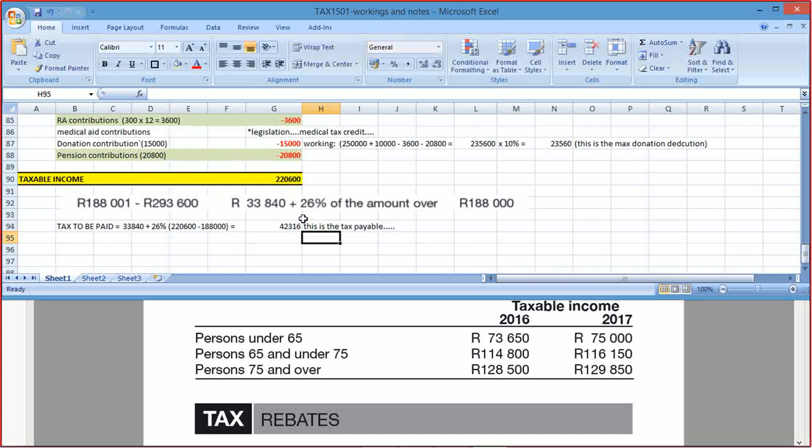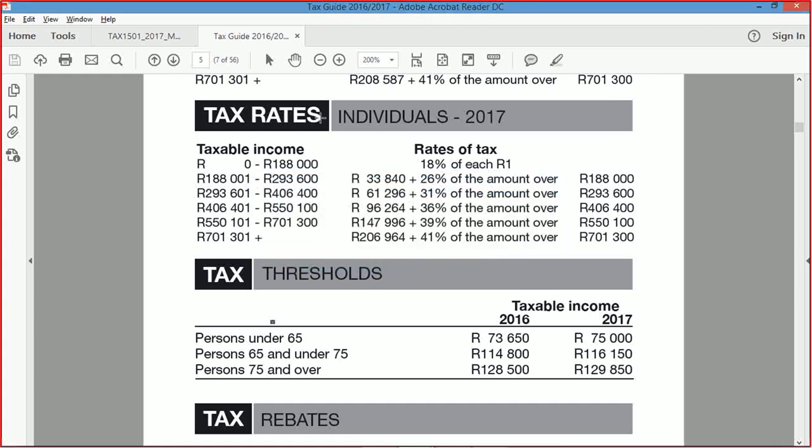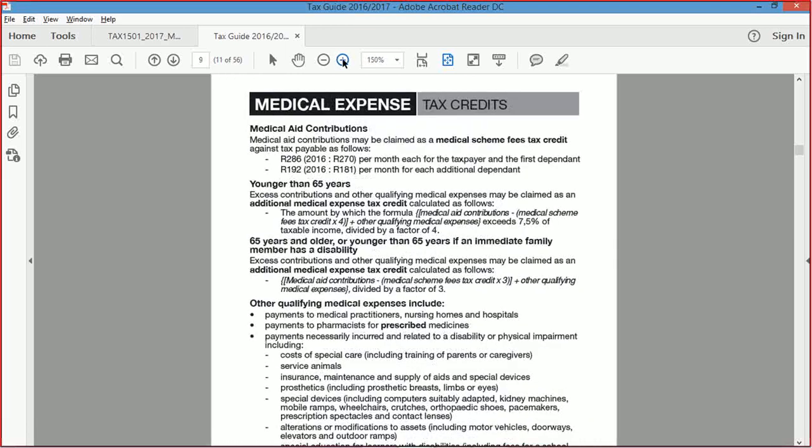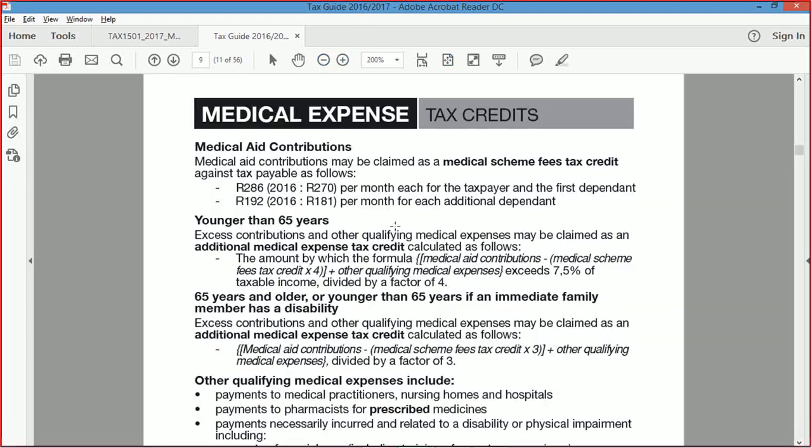Right, but because she contributes to a medical aid, there's a tax credit. Okay, so in the book here, let's go back to the medical stuff. There's the medical stuff. Okay, so what can she claim? Well, tax payable for the 2017 year is 286 per month each for the taxpayer and the first dependent, and then 192 per month for additional dependents.